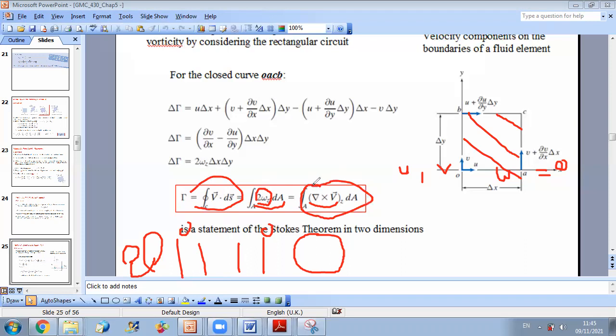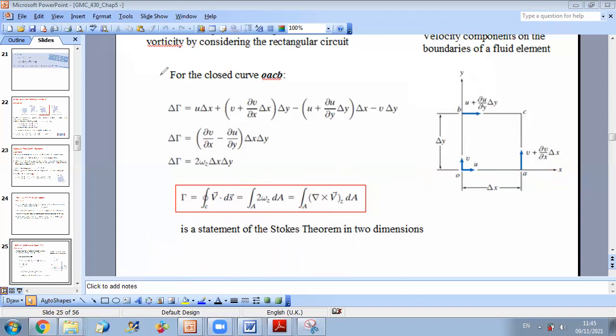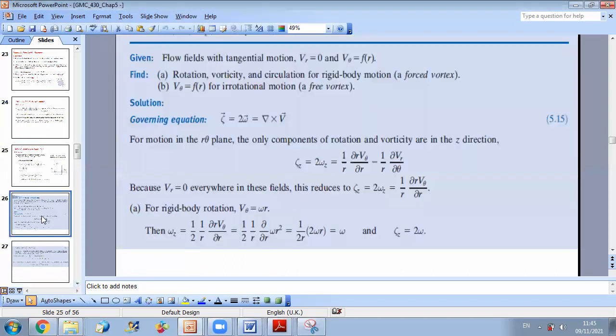Okay, now we'll do a small example to understand these concepts more. So we have a flow field with tangential motion where VR is 0 and V theta is only a function of R. And we want to find first the rotation, vorticity, and circulation for rigid body motion.